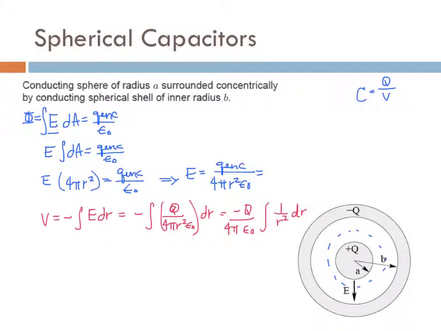The integral of 1 over r squared is negative 1 over r, so my negatives here are going to cancel out. And I'm going to integrate from my radius a all the way until my radius r. So that becomes Q over 4 pi epsilon naught times 1 over r minus 1 over a.